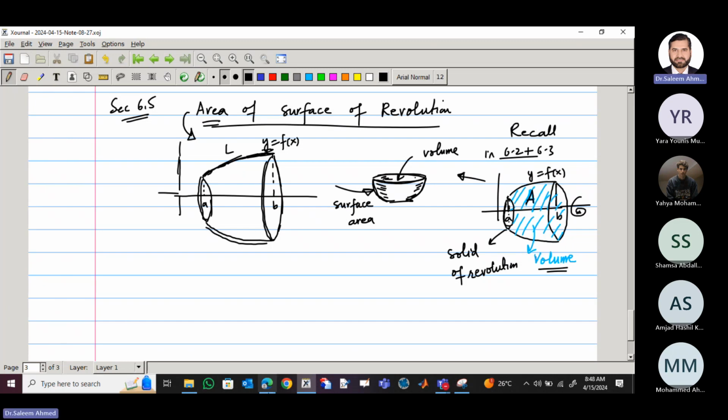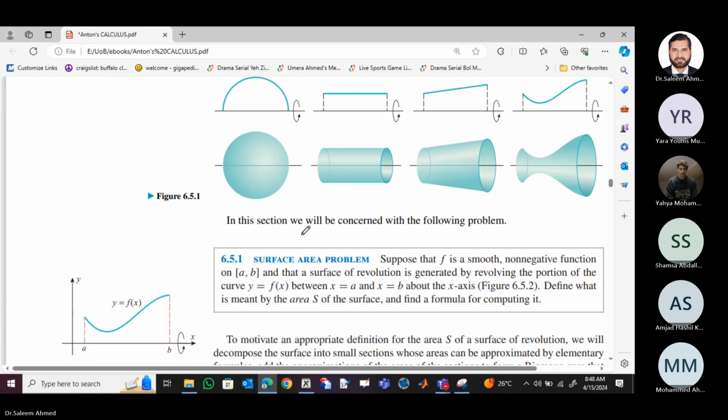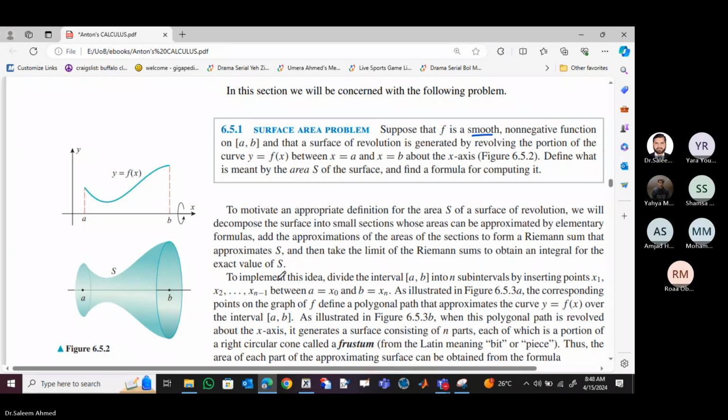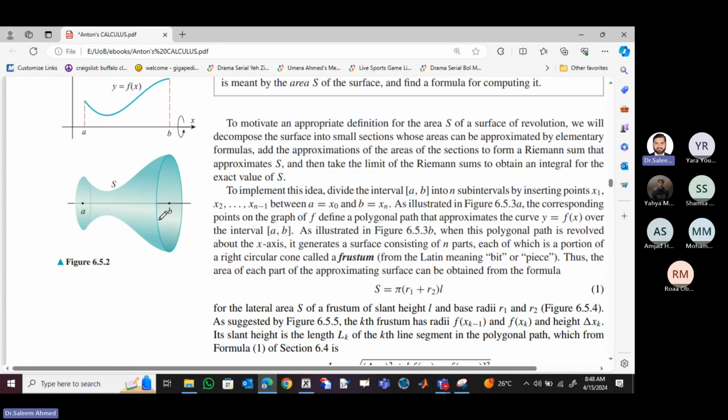So what is the problem? You look at here. Suppose that f is a smooth non-negative function and the surface of revolution is generated by revolving the portion of the curve, not the area now, about the x-axis. Then this is S, your outer thing, not the inside volume, just the outer surface.